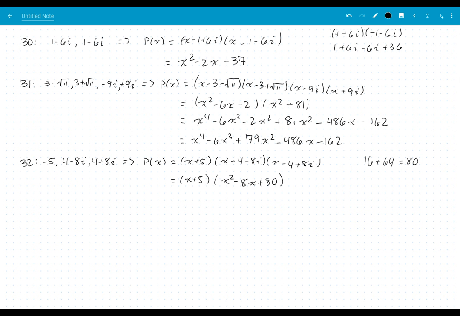And then we do our multiplication again, and we get x cubed minus 8x squared plus 80x plus 5x squared minus 40x.